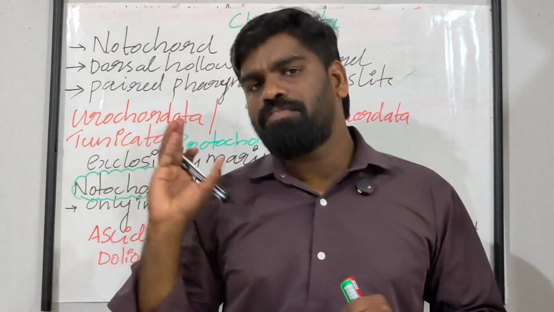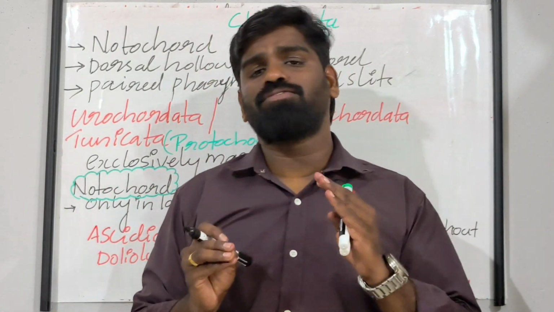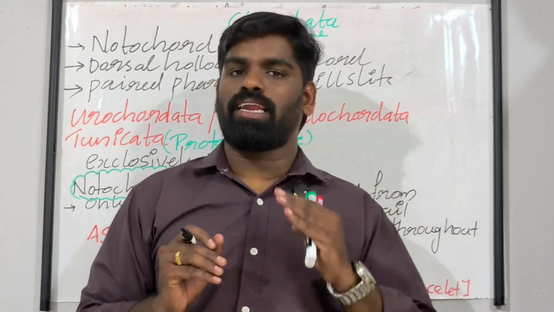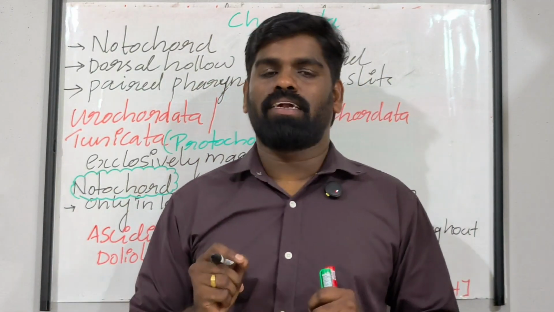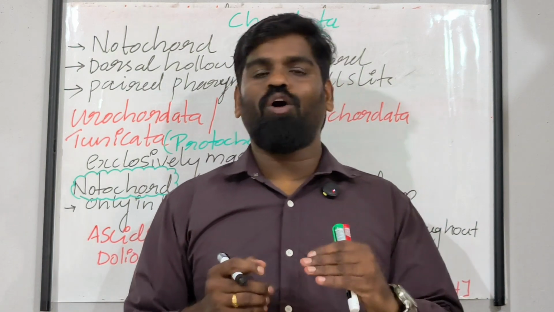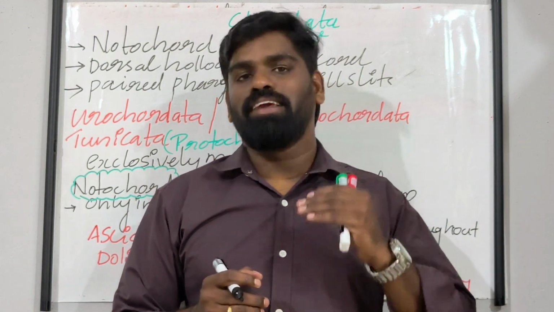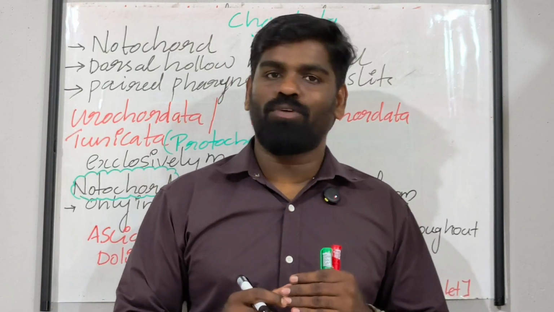Apart from these three characters, chordates also possess a post-anal tail. As an excretory organ, chordates have kidney. So kidney acts as an excretory as well as osmoregulatory organ in chordates.